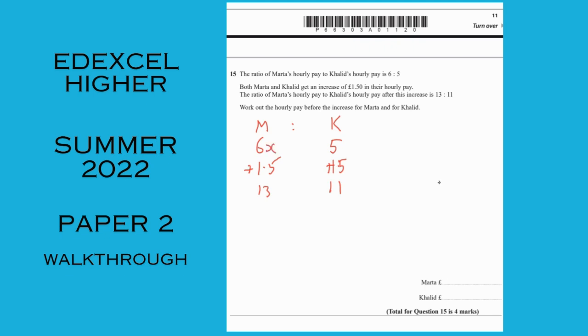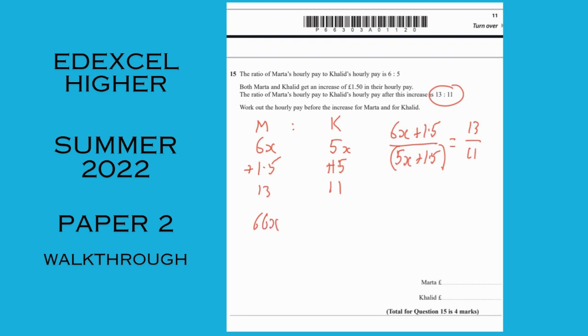Let's call it X. So we can say that if we look at M, 6X added to 1.5 over 5X added to 1.5 is the same proportion as 13 over 11. So if I multiply both sides by 5x plus 1.5 and 11, we get this.